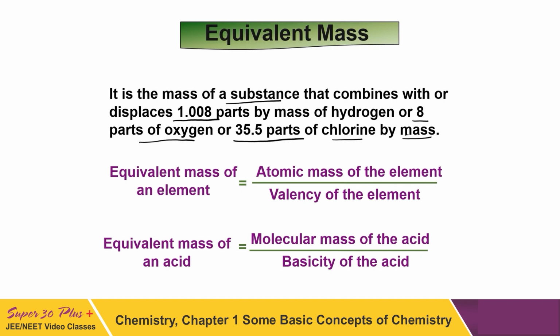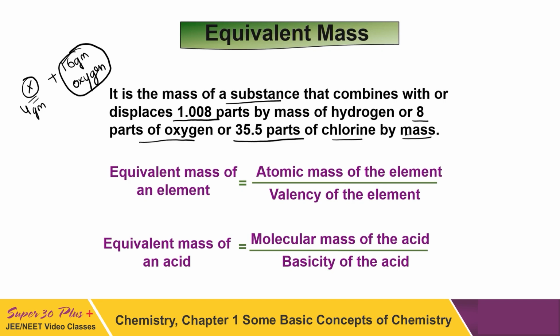Suppose you have any substance X. Let me give you an example to explain this. 4 gram of X reacts with 16 gram of oxygen. So students, what will be the equivalent mass of X? Now the definition says whatever the mass of substance which reacts with 8 gram of oxygen is the equivalent mass.